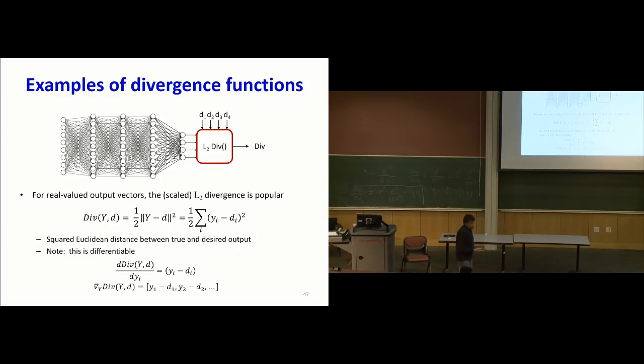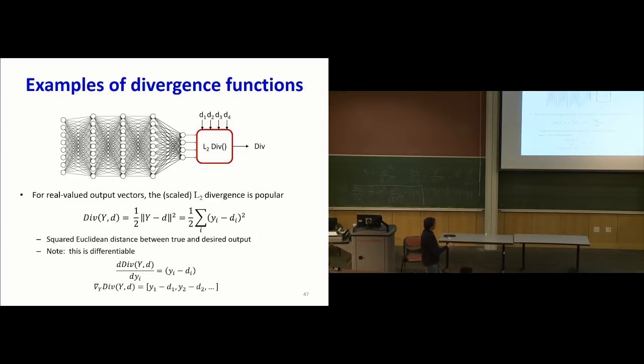So it quantifies that these two are not the same. Now, for real valued outputs, there's a very simple standard divergence measure, which is simply the squared Euclidean distance between the actual output and the target output. The reason we use the squared Euclidean distance as opposed to a magnitude is that the squared Euclidean distance is nice and quadratic, and it's differentiable.